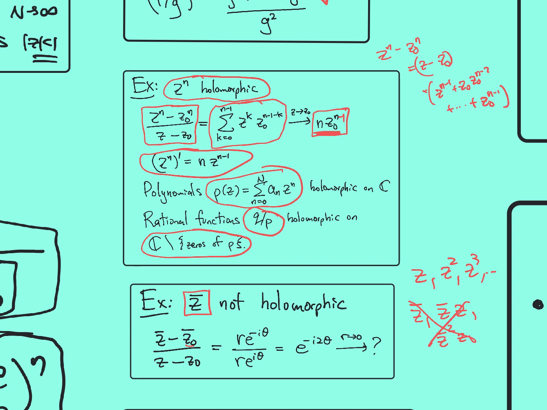And you can just sit down and prove that z conjugate, f of z maps to z conjugate, is not holomorphic.